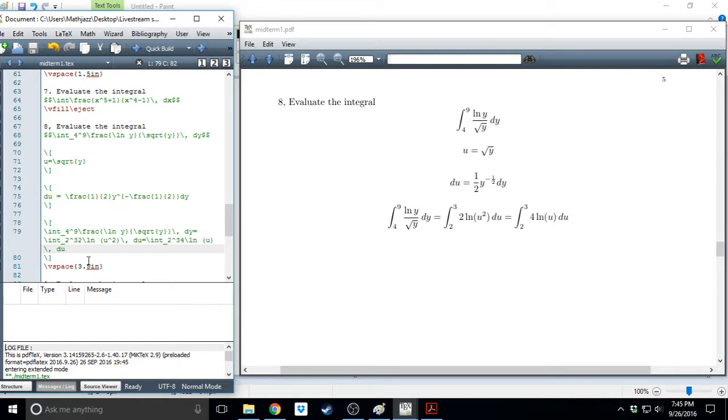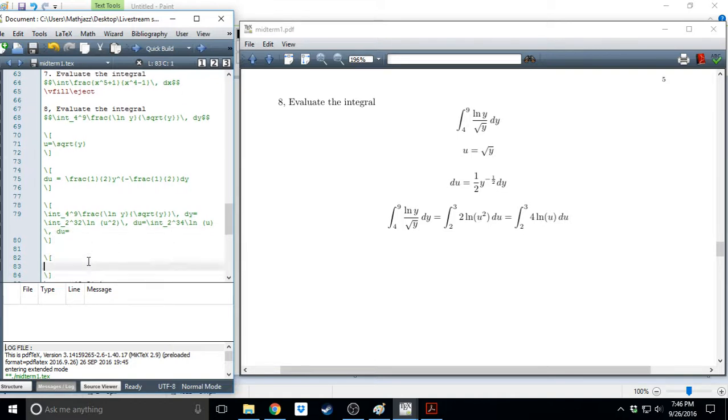There is an antiderivative. I think it's natural log of... Wait, let's see. I think it's u minus u times the natural log of u. I think that's the antiderivative. Let's check. I'm going to do some scratch work here. If we have u minus u ln of u, and we take its derivative, what happens?